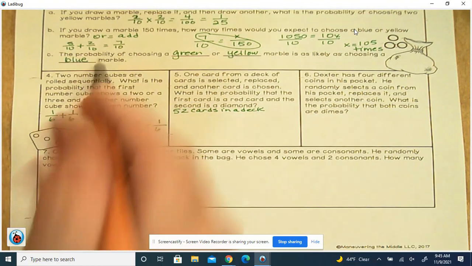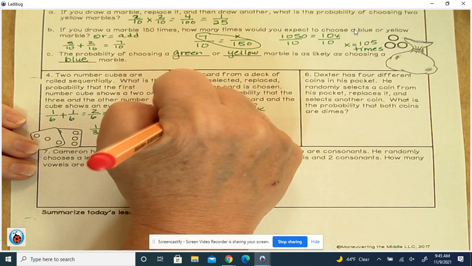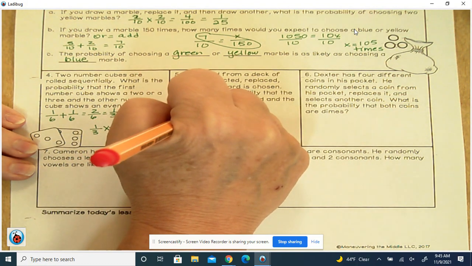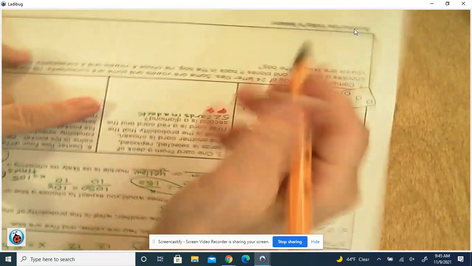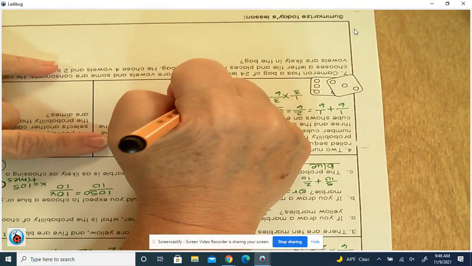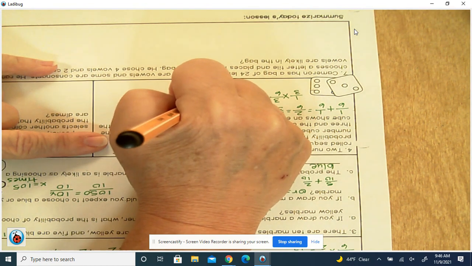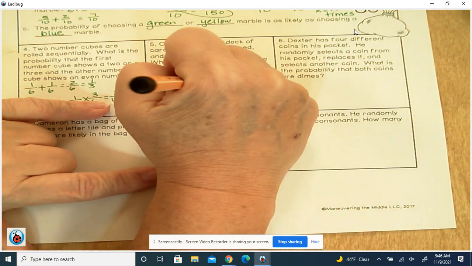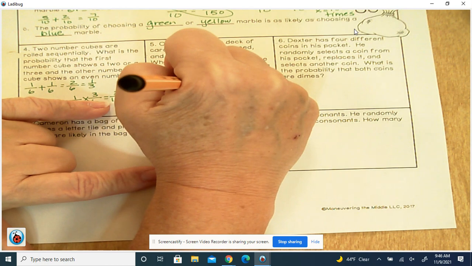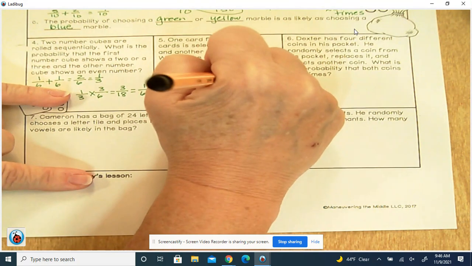We have hearts, diamonds, spades, and clubs, and there's 13 of each.